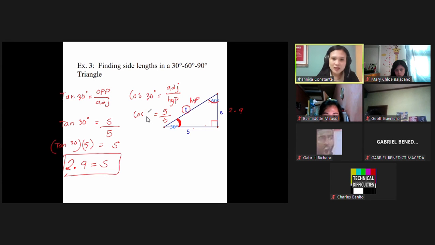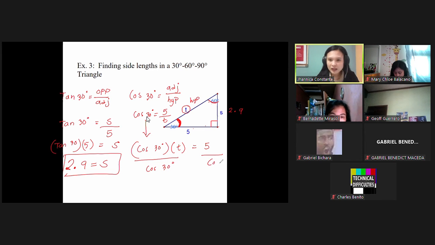So cosine 30 degrees, cross multiply. So cosine 30 times t equals 5. Divide both sides by cosine 30 degrees to find the value of t.